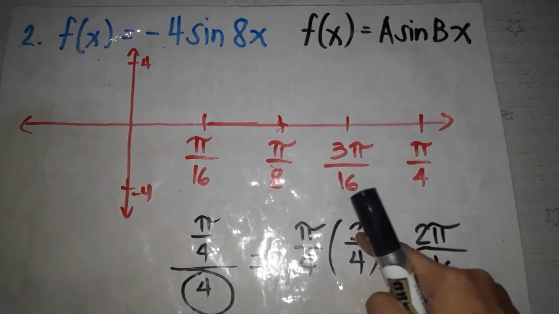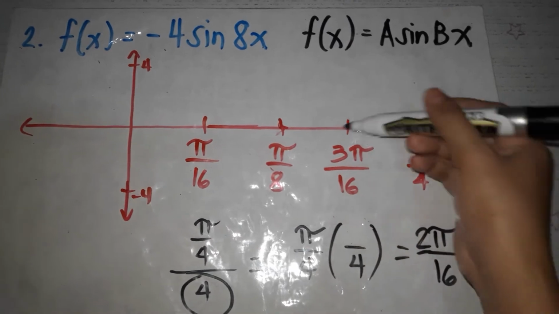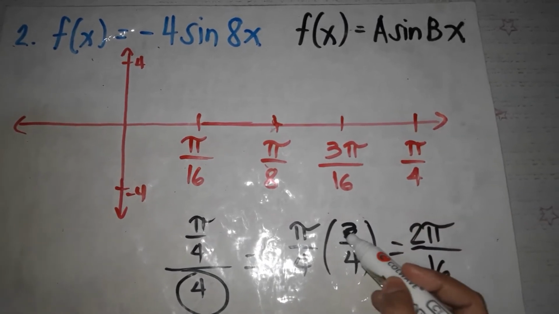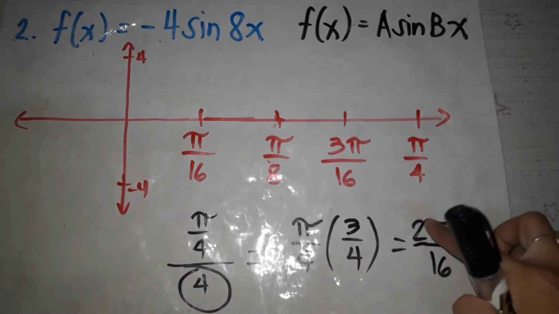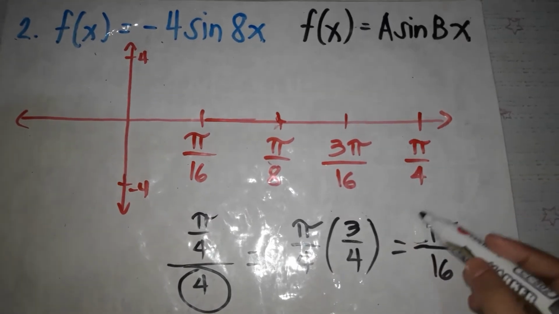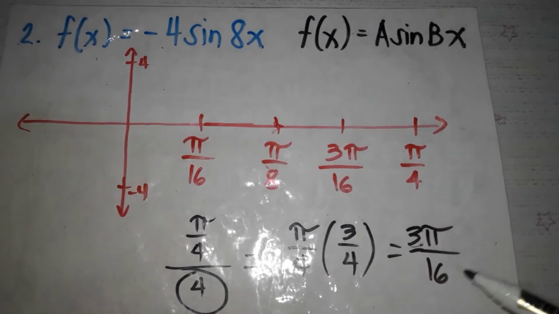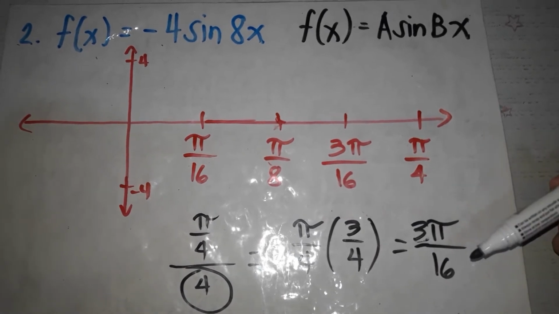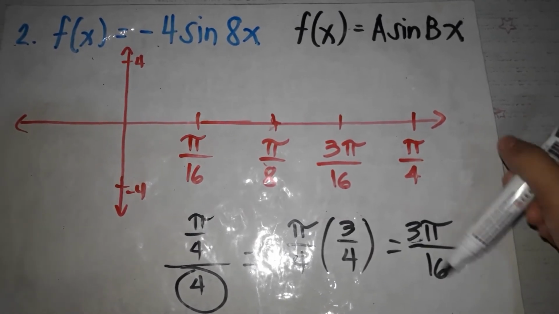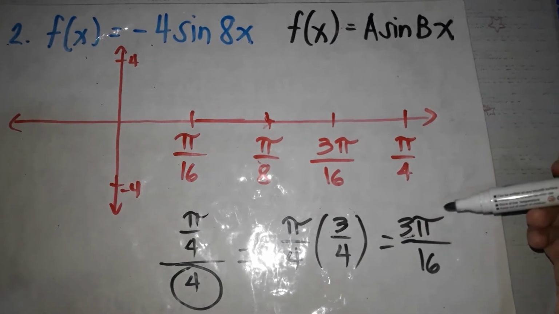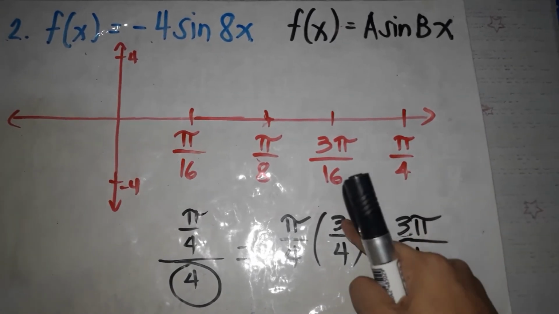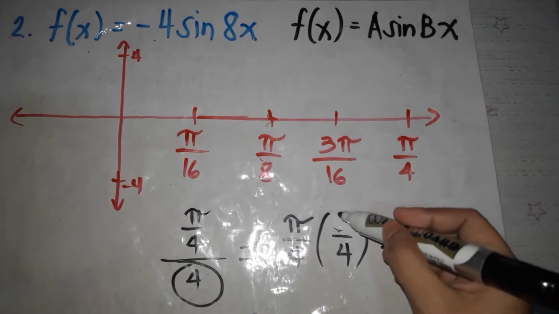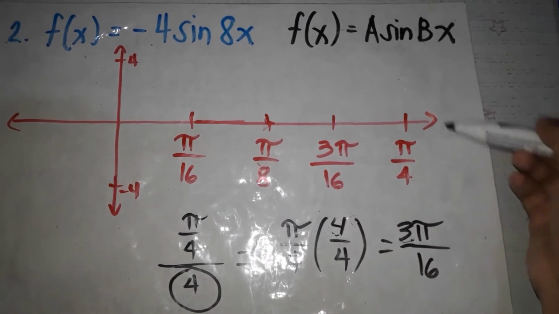Next, we'll proceed with the third quarter. So we have here 3. Pi times 3 is 3 pi, 4 times 4 is 16. No need to think of any GCF because it's not reducible. Lastly, we have the fourth quarter, that is the period as well.